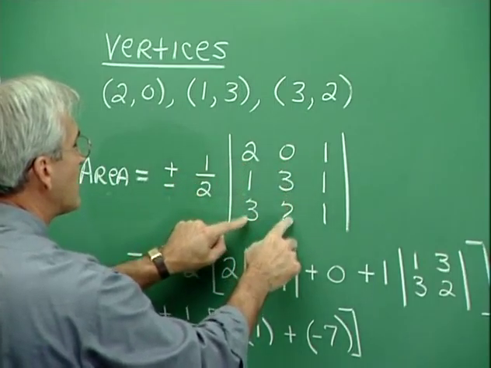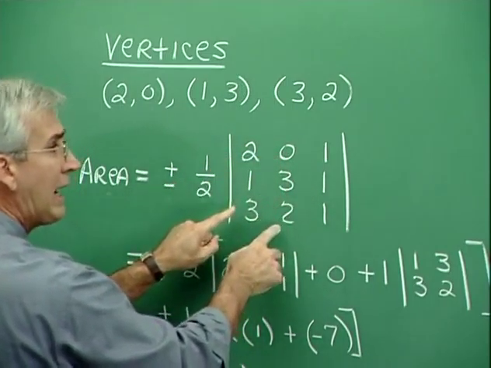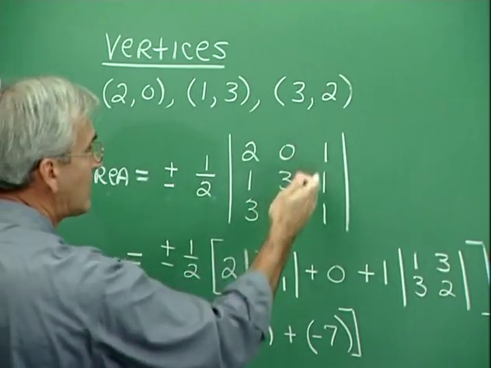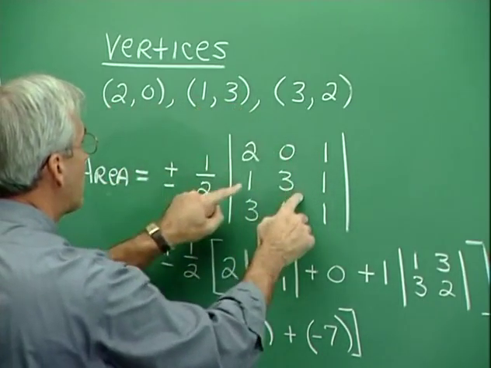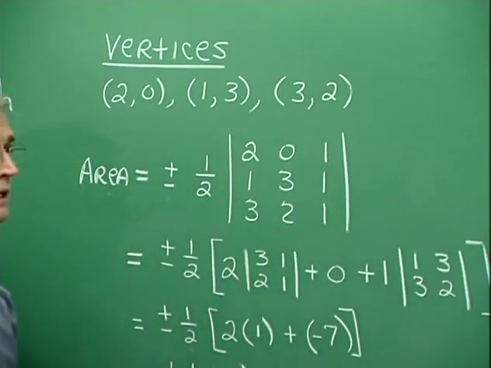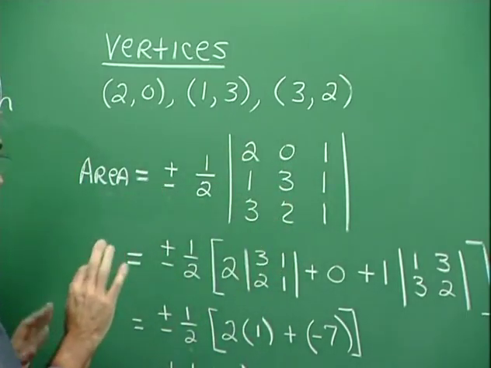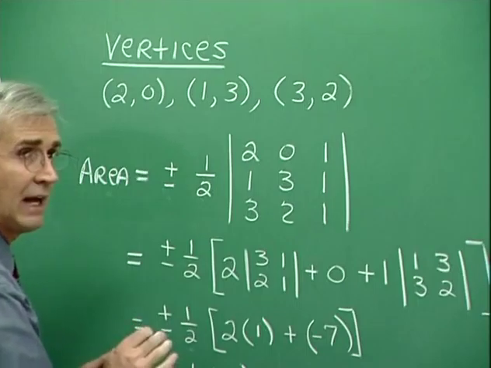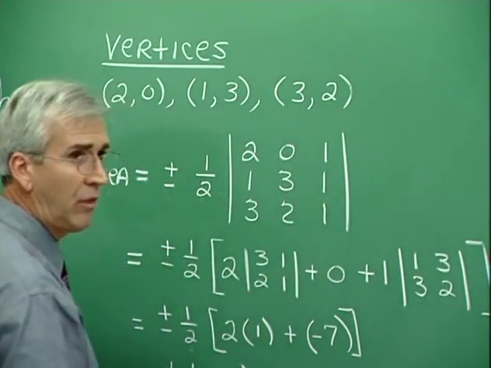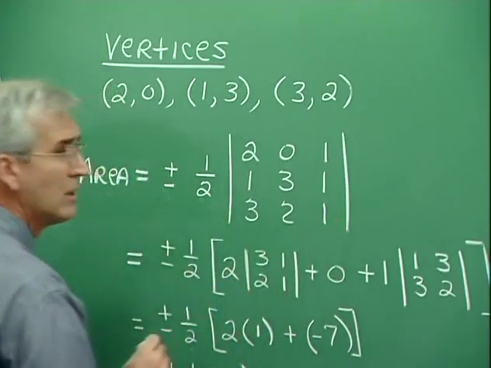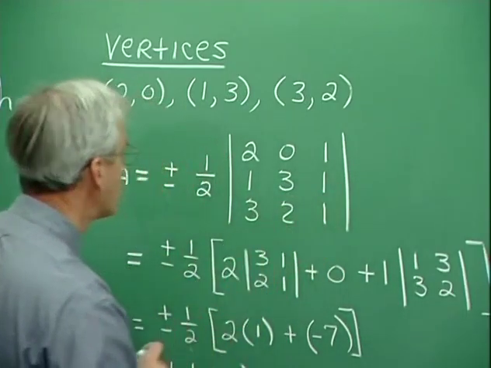The first 2 items in these 2 columns are just xy pairs from the vertices, and the last column is just a bunch of 1s. Okay, so 2, 0 from here, 1, 3 from here, 3, 2 from here. Now, the plus or minus is just in here to make sure that we get a positive value. We could just as easily say absolute value of this whole thing, but then that would kind of conflict with this absolute value looking symbolism right here.